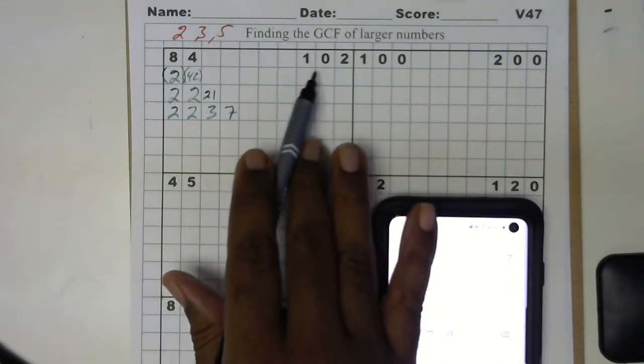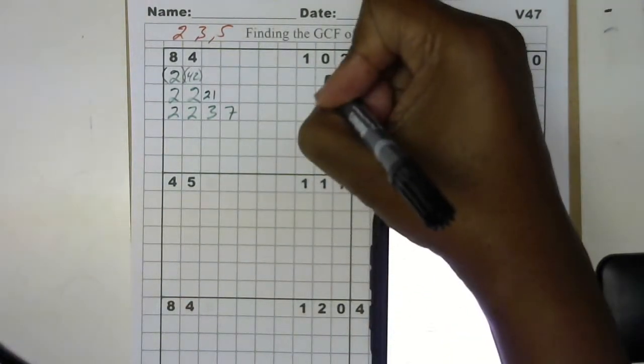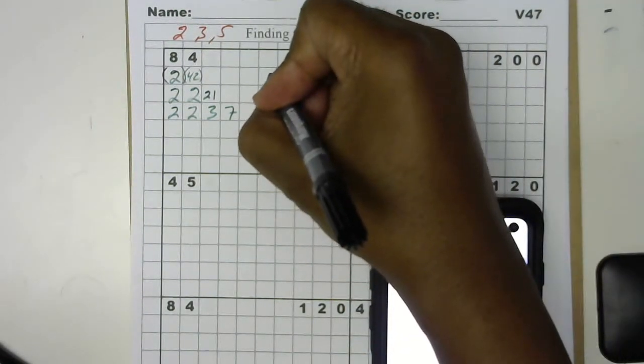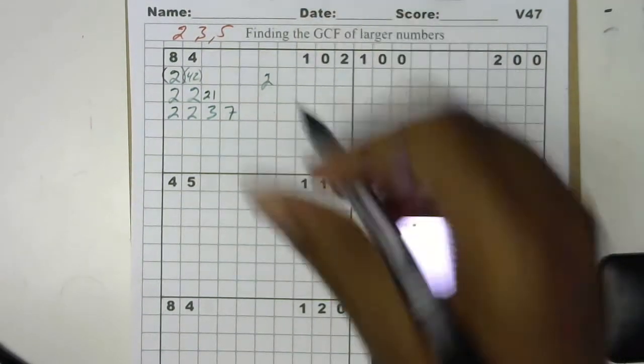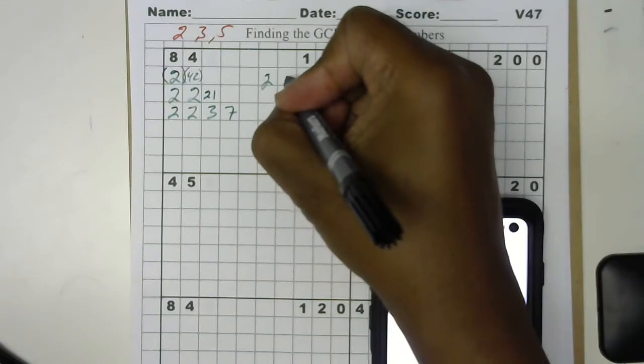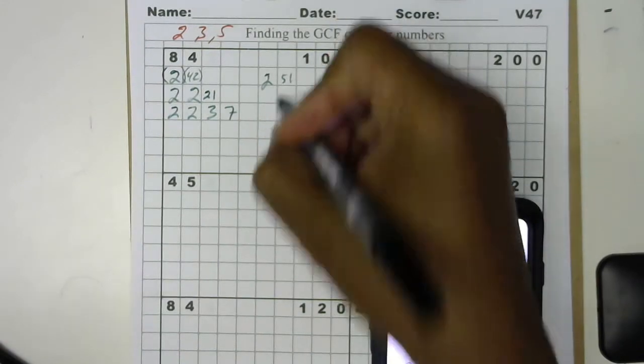Now 102. 102 can be divided by 2, so 102 divided by 2 is 51. That'll be 2 times 51.